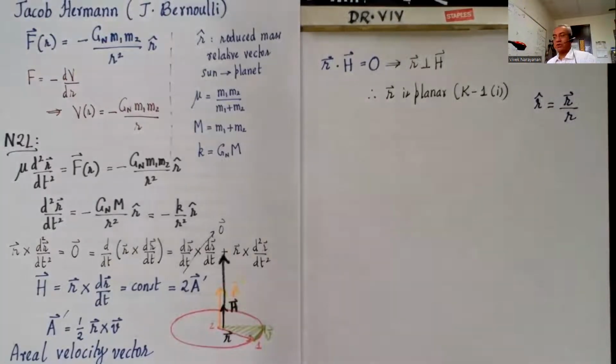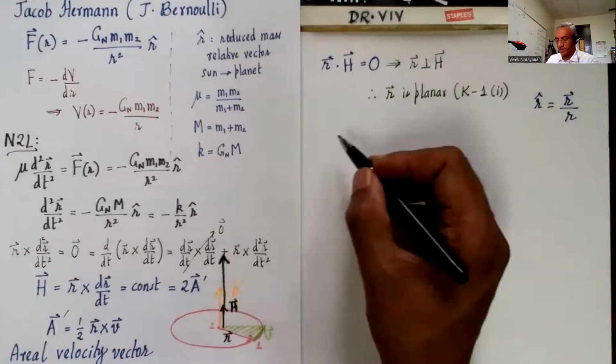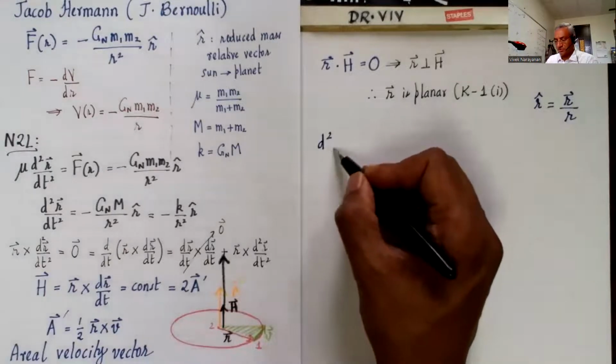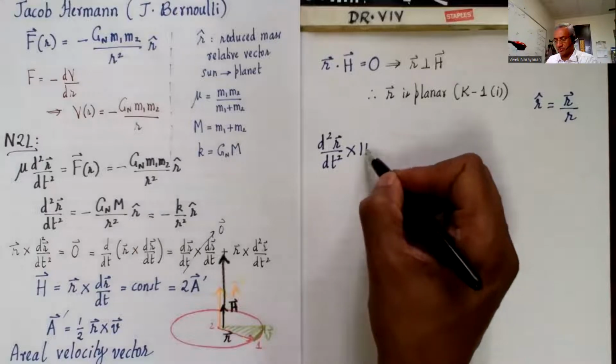So what I'm going to do now is find out what will happen if I cross the Hermann vector with the acceleration vector. Why do something like that? Let's just be patient and proceed to see what happens.